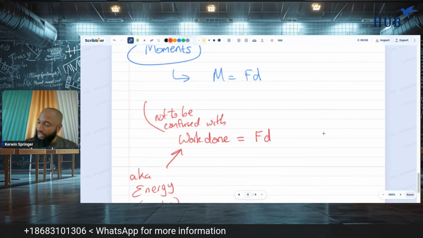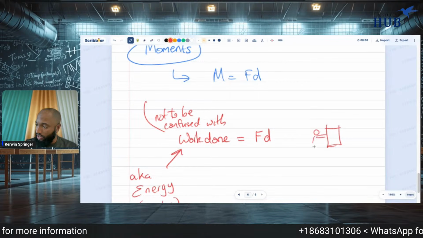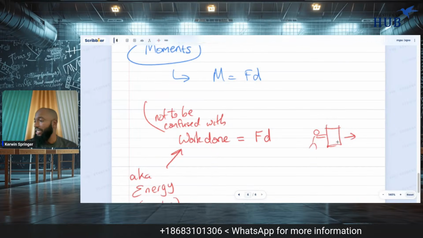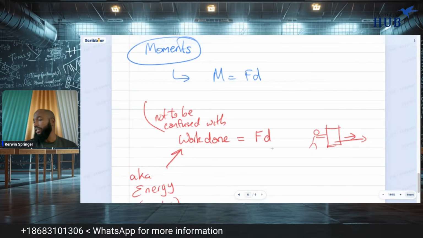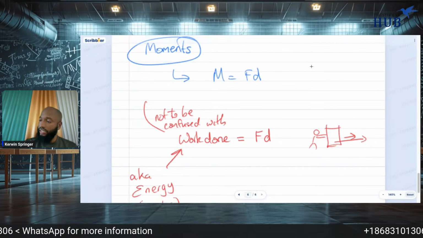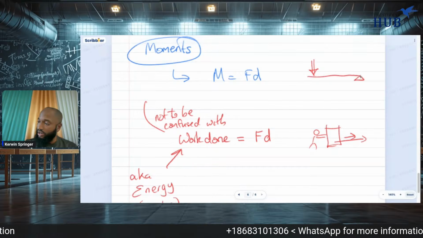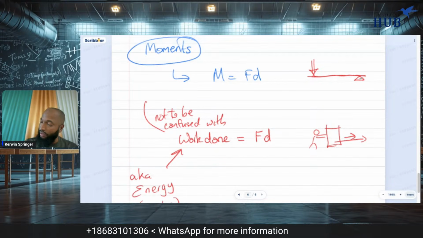Well, with work done, if you have this block and you are pushing the block in the direction of the force, you are doing work. So it's force in the same direction, so they are parallel to one another. Moments, there's a force that's being acted on an object involving a pivot.